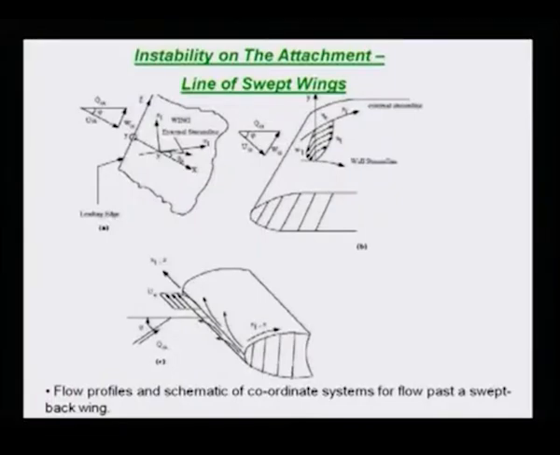So, why x 1? x 1 is the external streamline fixed coordinate system. Viewed from the external streamline, that would be the x 1 direction, and from the wing fixed direction, that would be your z direction, because that is the span direction.